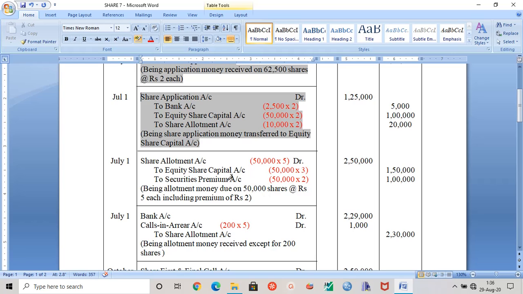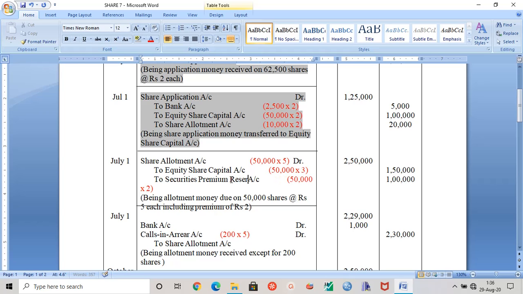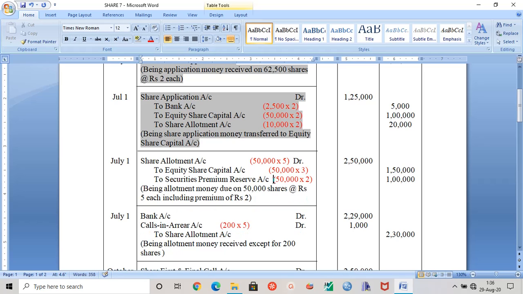So we know this entry: share allotment account debit to equity share capital, to securities premium reserve, SPR. This premium is rupees 2 and the remaining is your equity share capital account. So this is your entry. The total amount is how much? 2,50,000, right? In this 2,50,000, this 20,000 should be adjusted here.